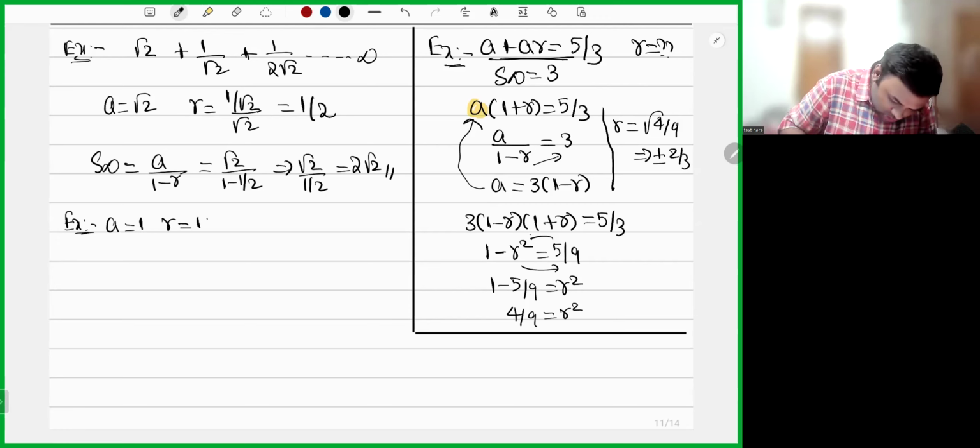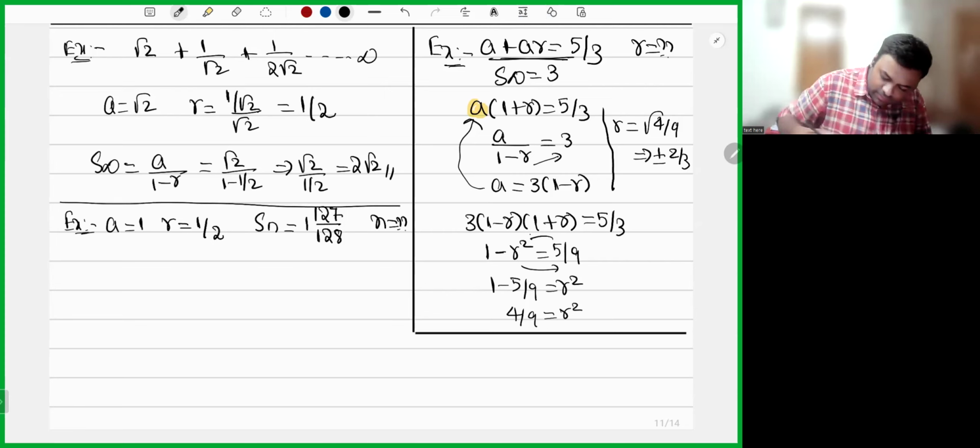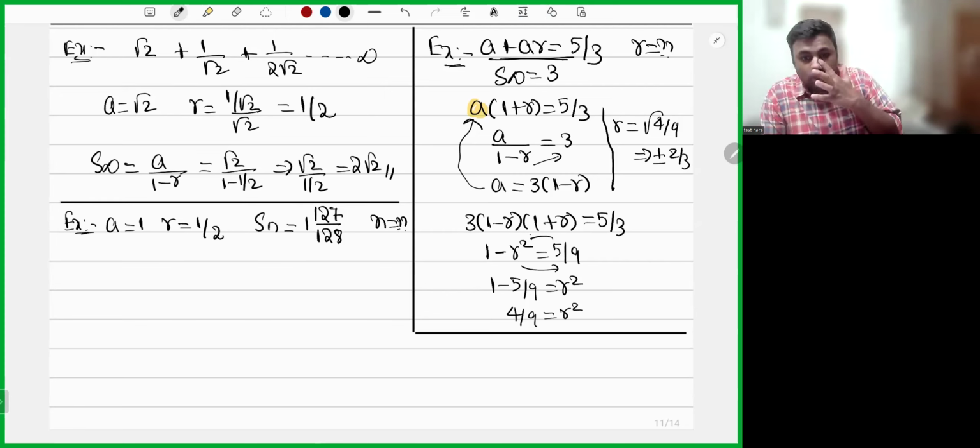Common ratio is equals to 1 by 2. I'm telling Sn is equals to 1, 127 by 128. We are supposed to calculate the value of n. That's a given question. A is equals to 1. R is equals to 1 by 2. Sn is equals to 1, 127 by 128. That's a given question. We are supposed to calculate n.